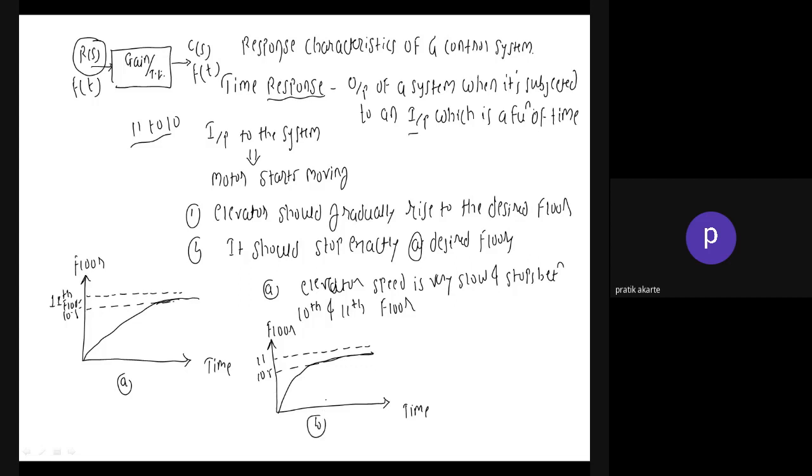In this second response, in figure B, we can see that although the response of the elevator is faster than the previous case, which is good, again the elevator stops between the 10th and 11th floor.